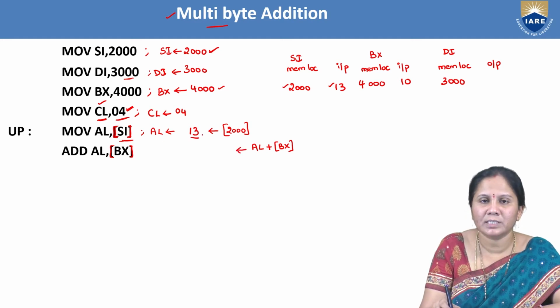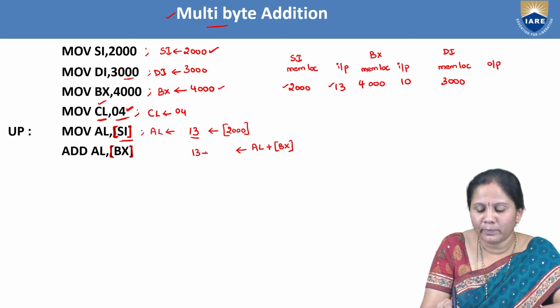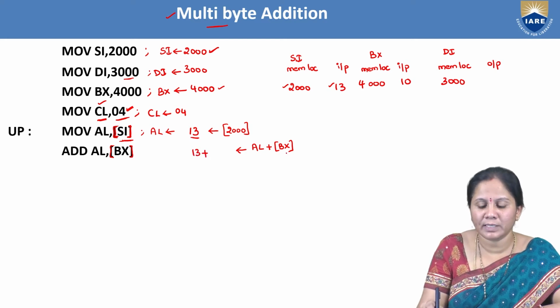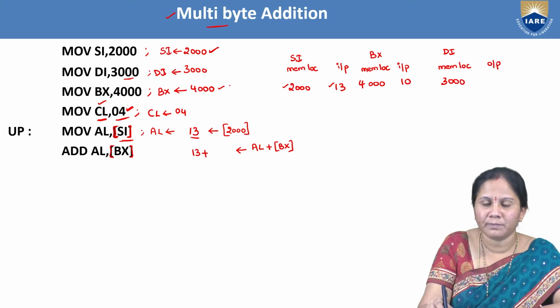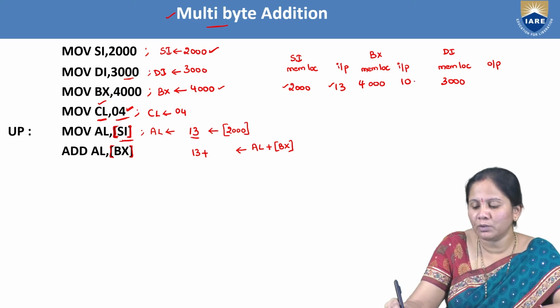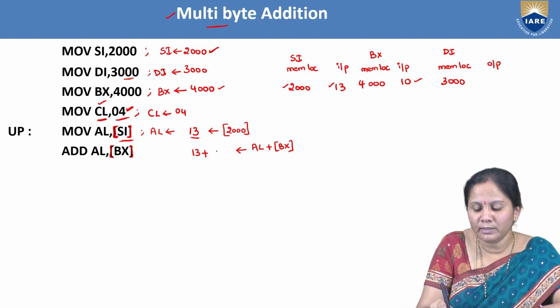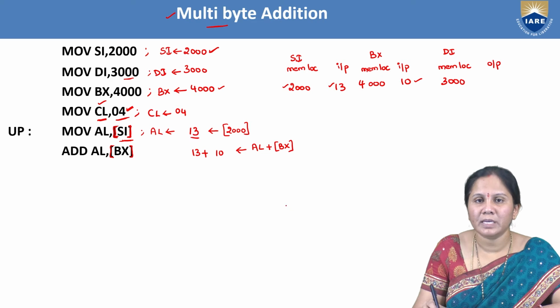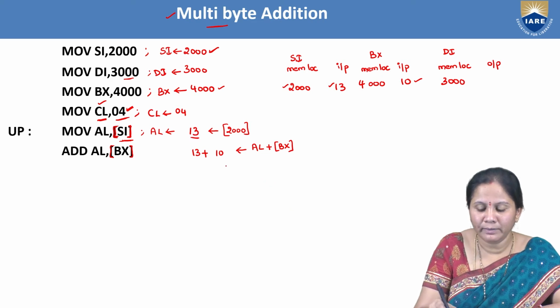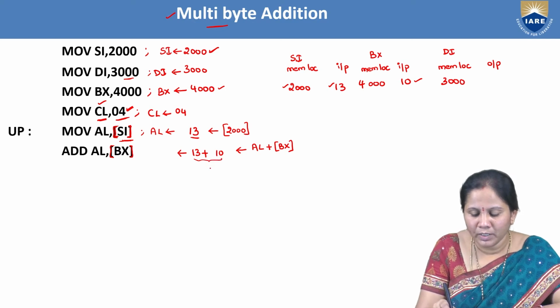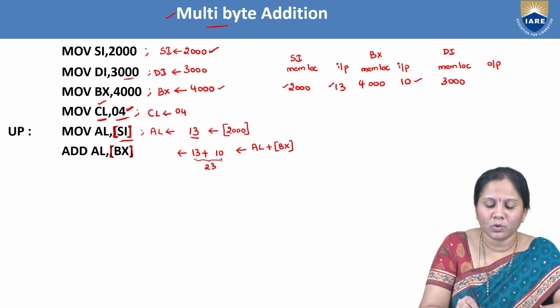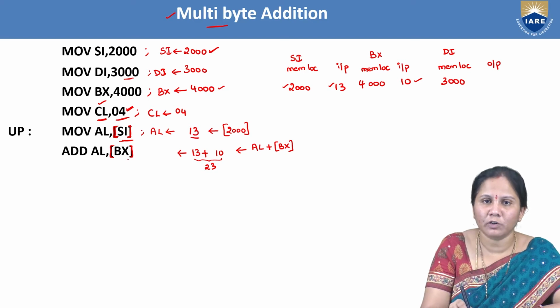The value of AL is 13, plus the value present in the 4000 location, which is 10. After performing the addition operation 13 plus 10, it gives the value 23.